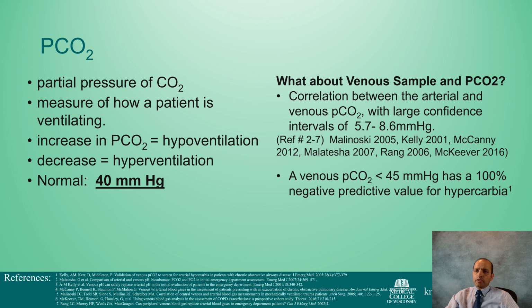But one thing for sure, if you have a venous PCO2 less than 45, it has 100% negative predictive value for hypercarbia. So let's just say you have a patient with COPD and you want to make sure that you are not dealing with hypercarbia. And if they have, let's say, a PCO2 of less than 45 in a venous sample, most likely you are not dealing with hypercarbia.